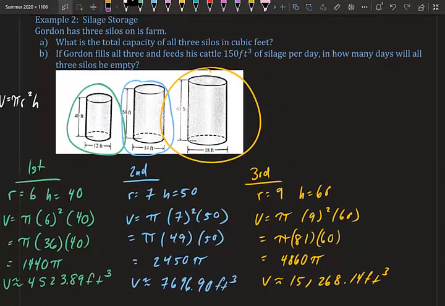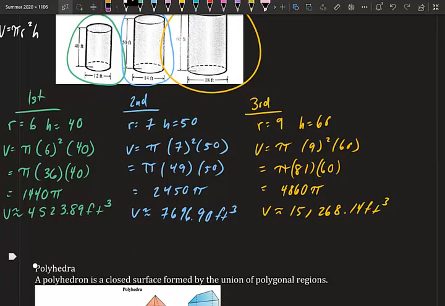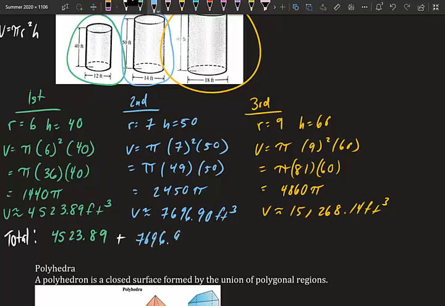Now we need to find the total capacity of all three. To find the total means plus. So for the total capacity, we need to add them all together. We have 4523.89 plus 7696.90 plus 15268.14, and we get our total volume.